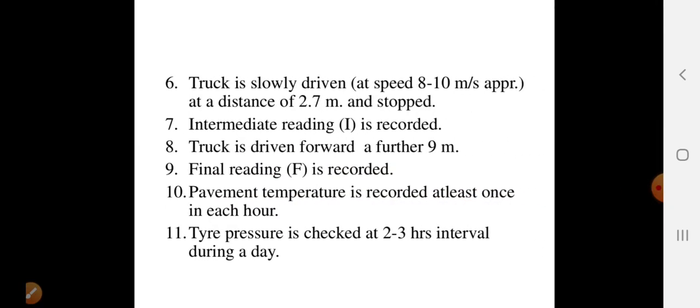Next, the truck is slowly driven at 8 to 10 meter per second approximately to a distance of 2.7 meter and stopped. That is the second point, and the intermediate reading is recorded there. Then the truck is driven further to 9 meter, and the final reading is taken.